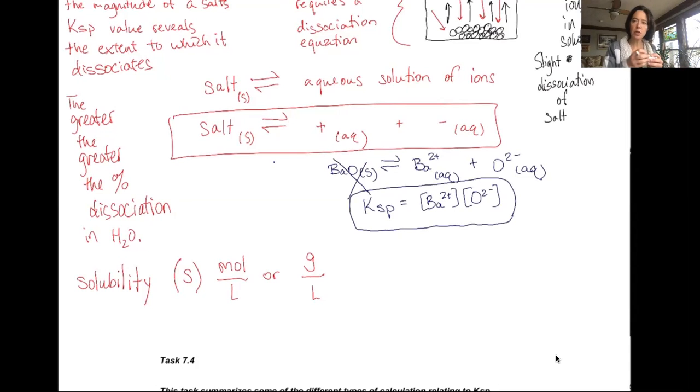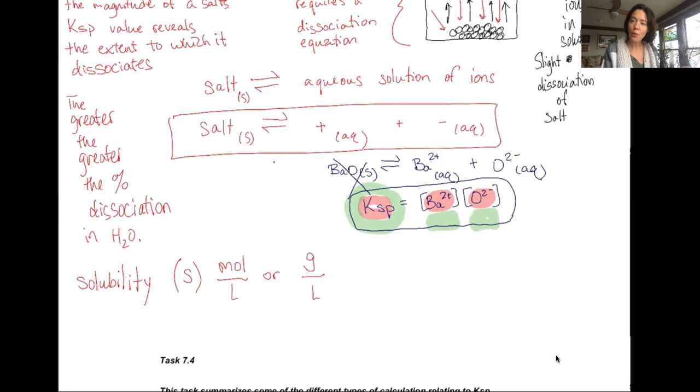This salt will dissociate to a particular extent in a certain amount of water at a given temperature. Its K value will tell us that. I can now know the concentration of these and solve for K, or I could know K and solve for the concentration of these.